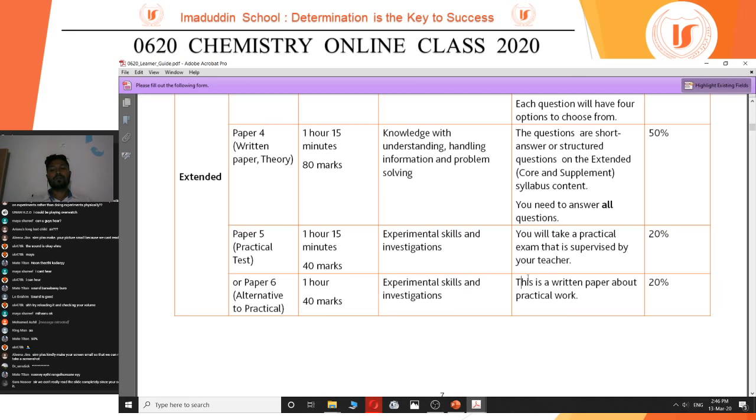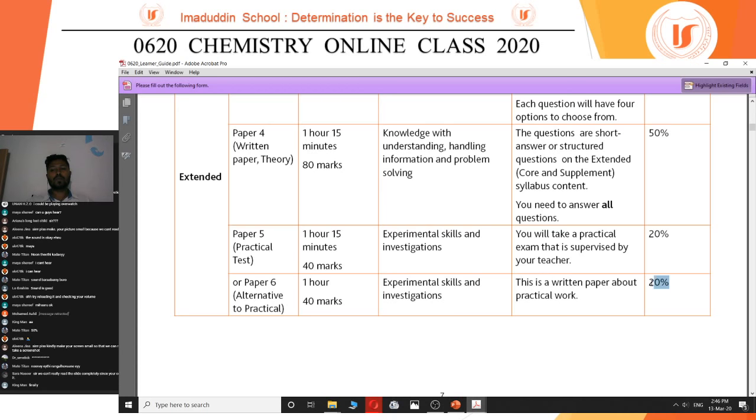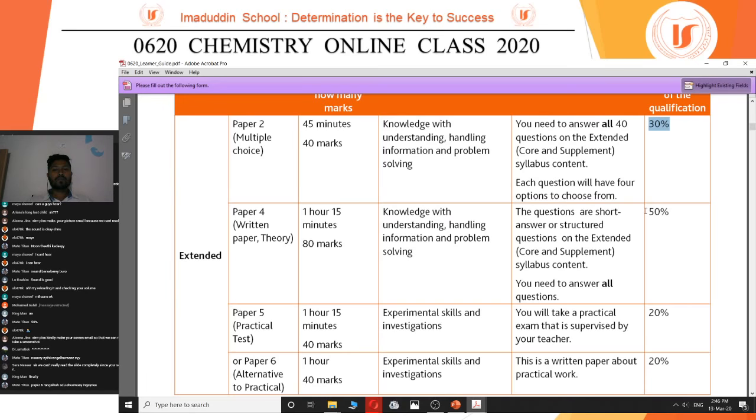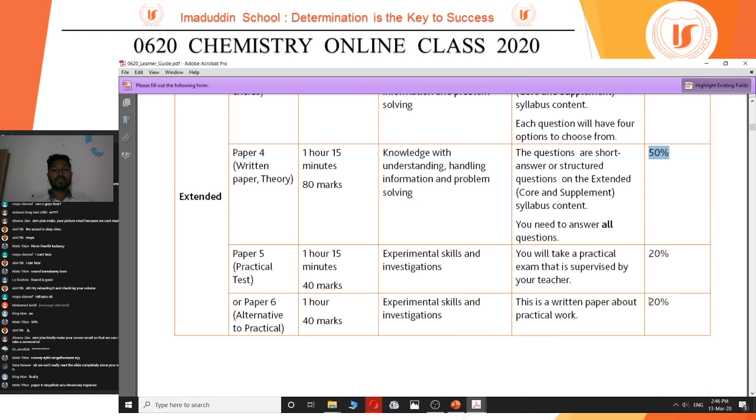This is about, you will get maximum 20%. So I will repeat. For paper 2, you will get maximum 30 marks. For paper 4, 50, and paper 6, 20.